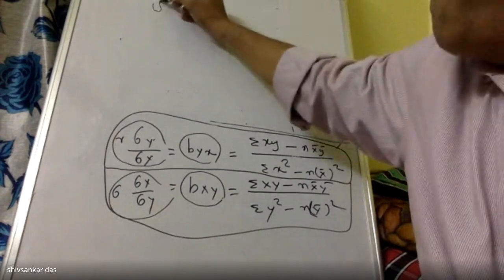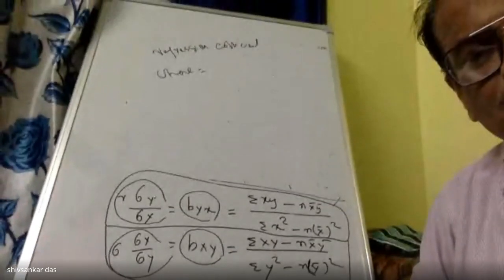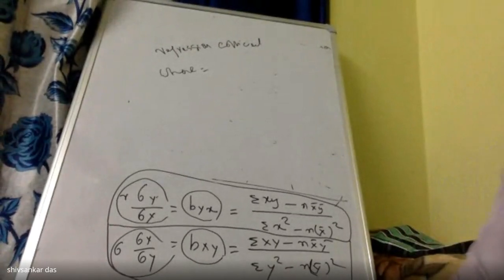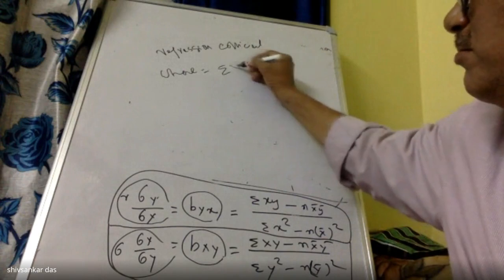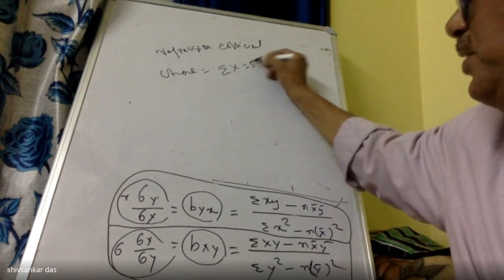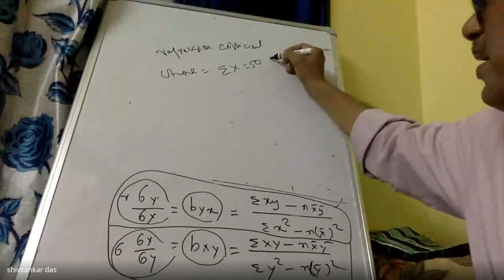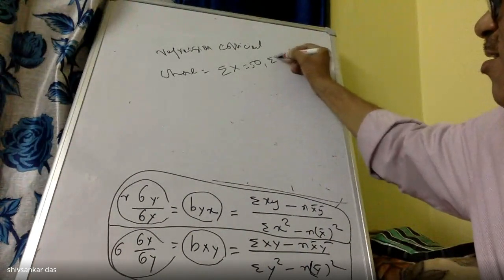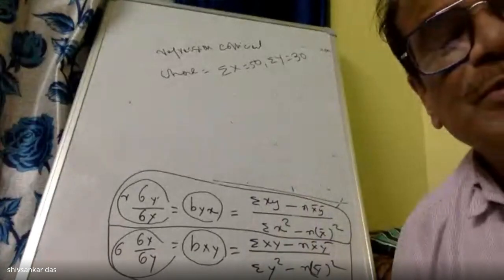Where summation of x is equal to 50. Please write down. Summation of y is equal to 30. Is it visible?